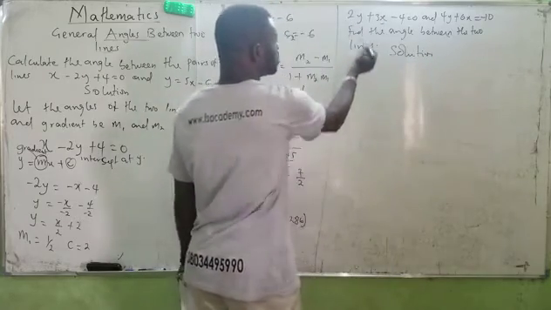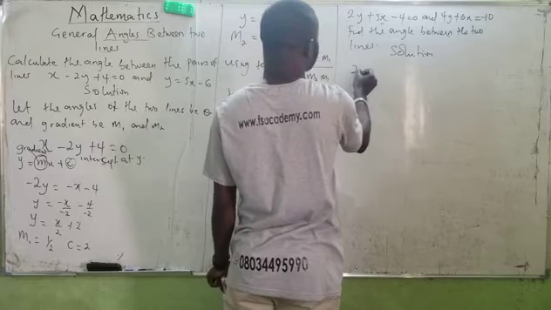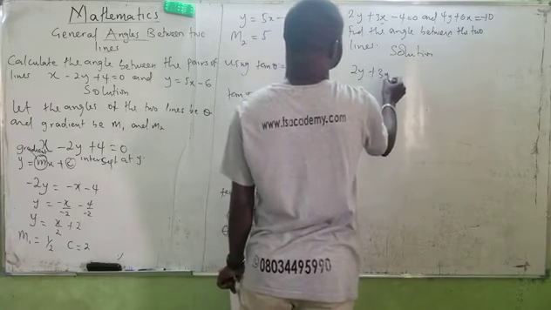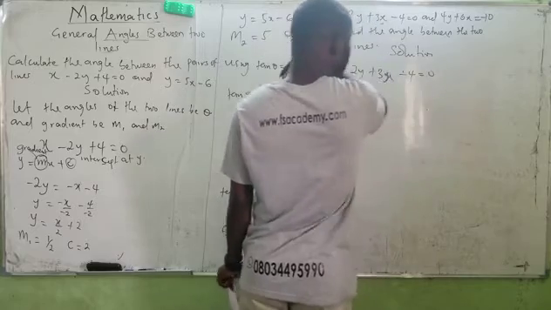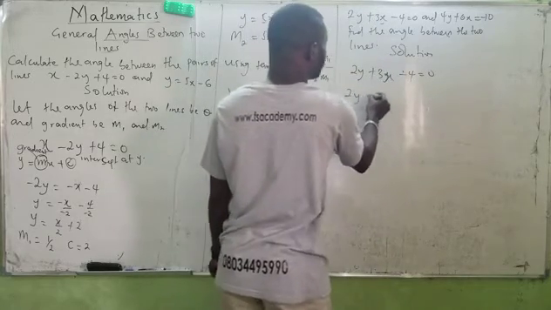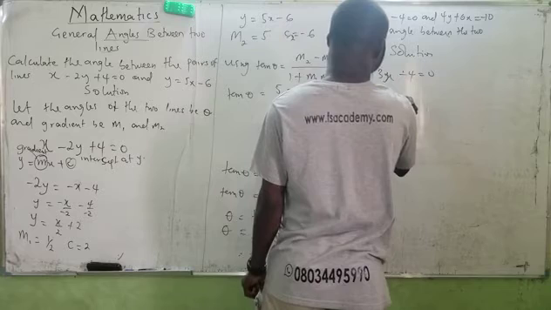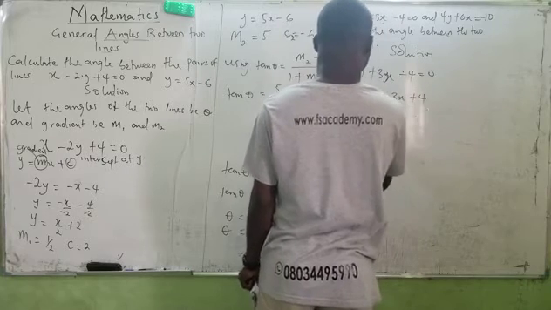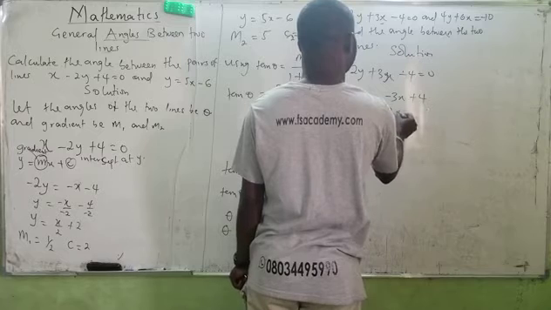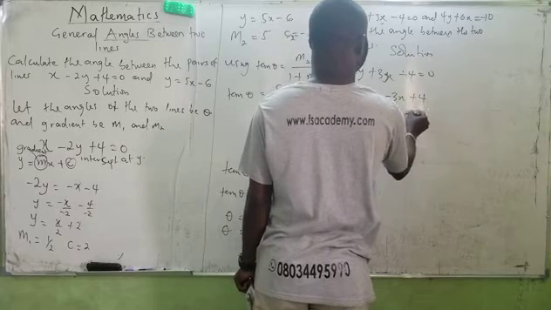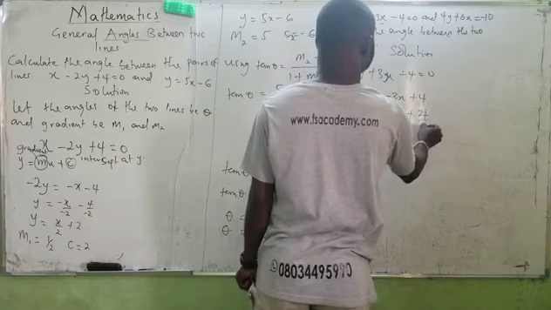What I just need to do, line 1 will be what? 2y plus 3x minus 4 equals to 0. For me to do this, y will be equals to minus 3x plus 4. Y will be equals to minus 3 all over 2 x plus 4 all over 2.